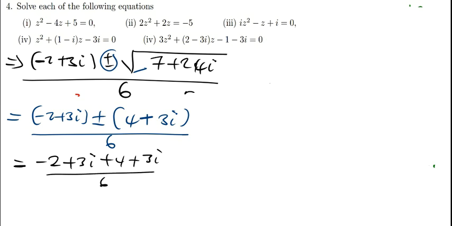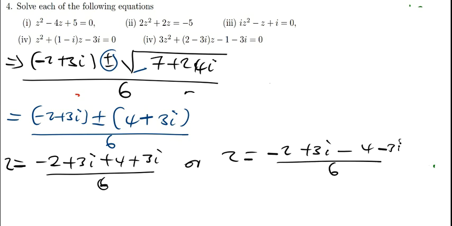Another answer for z: now I'm going to use negative, so negative 2 plus 3i minus 4 minus 3i, and I divide everything by 6.